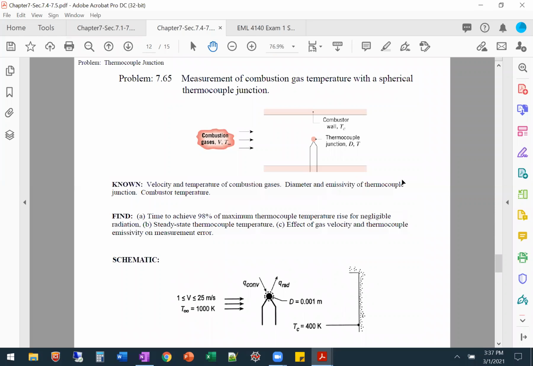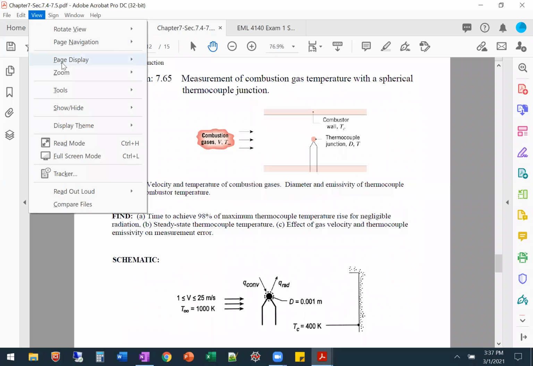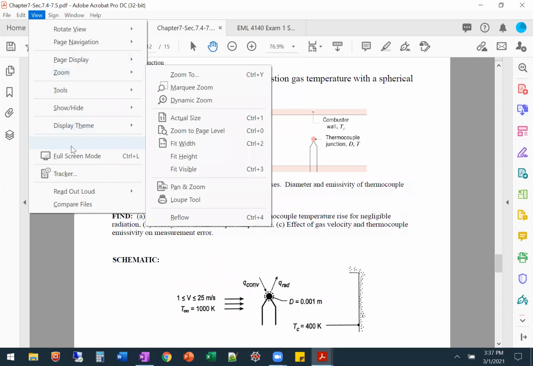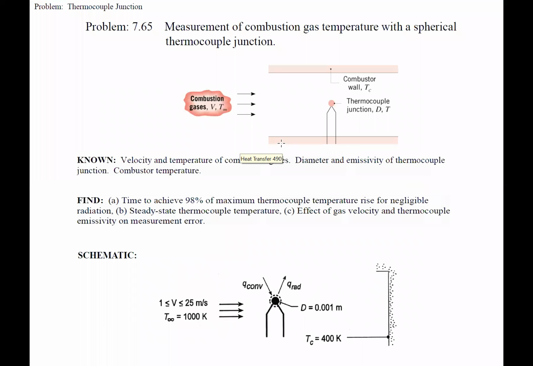All right. So in this one, we have a thermocouple. This is 7.65, a spherical thermocouple junction, 1 millimeter in diameter, inserted into a combustion chamber to measure the temperature T infinity of the products of combustion.